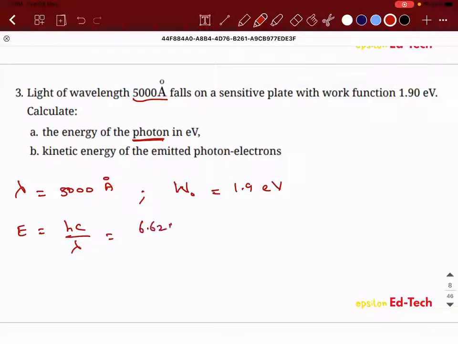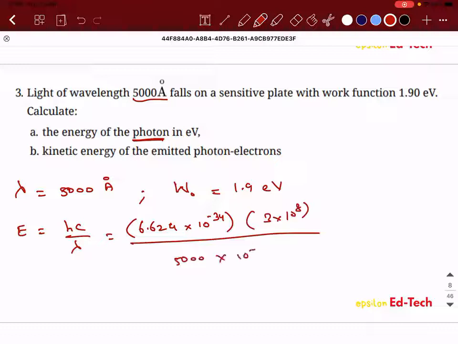H is 6.624 into 10 power minus 34, c is 3 into 10 power 8, the whole divided by lambda, which is 5000 into 10 power minus 10 meter. When you calculate this value, you will get somewhere around 3.97 into 10 power minus 19 joule.